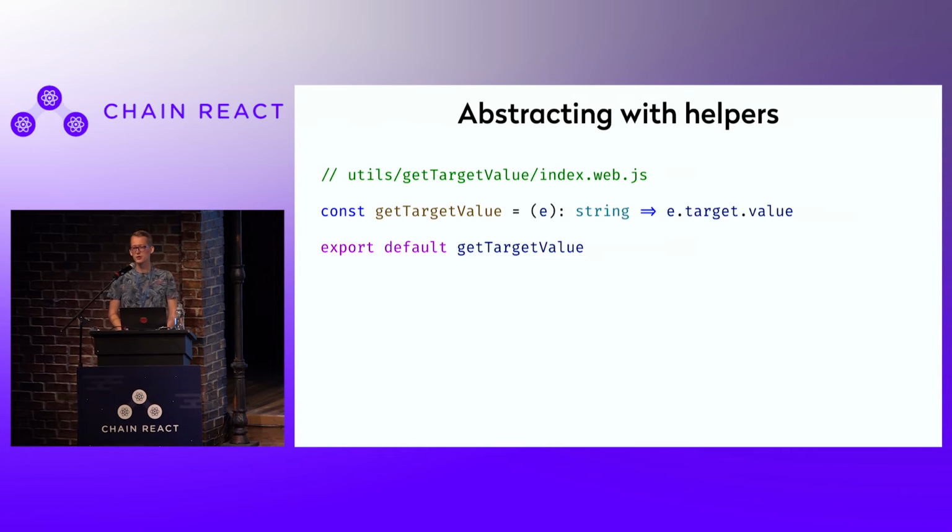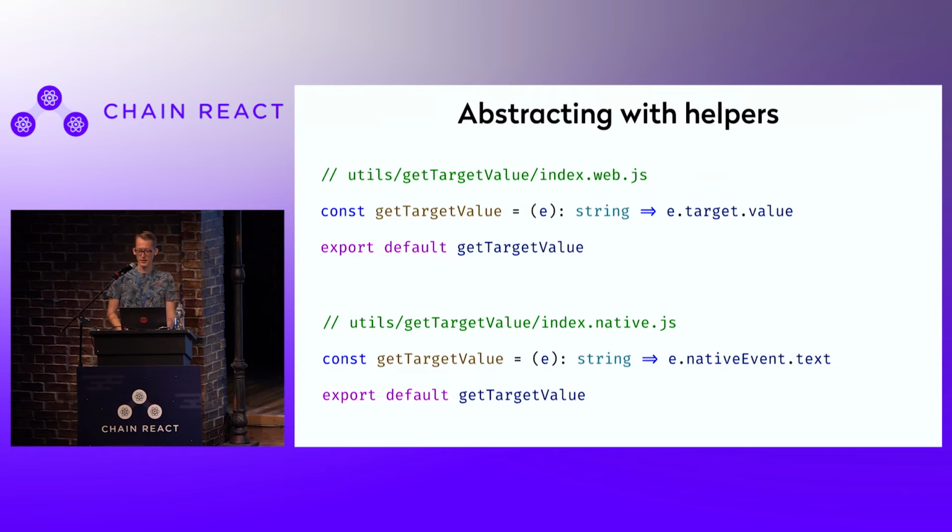The second approach is to abstract the differences using helpers. So, for example, when you have a text input, the events of those work slightly differently on the web and in React Native. On the web, you might have something like event.target.value. On React Native, event.nativeEvent.text. It's not a big deal. You could if-else it. But it just becomes tiring when you have to do it in 10 different places.